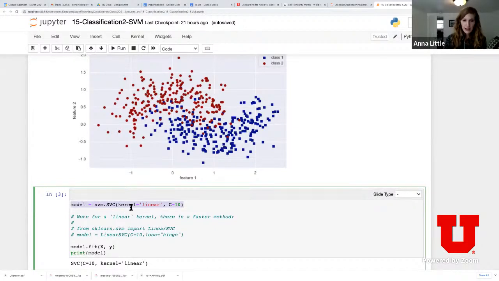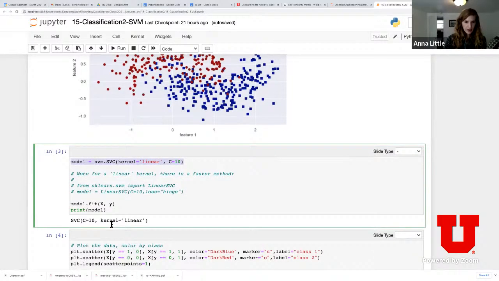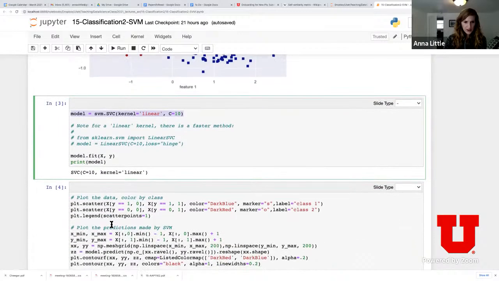We'll start off with the linear case, using the linear kernel and choosing a C of 10. So first we define that we're going to do this type of SVM in the model, and then we fit the model to the data. So we do model.fit with X, which is our features, and Y, which is our labels. And print model, you can see what kind of model we're using.